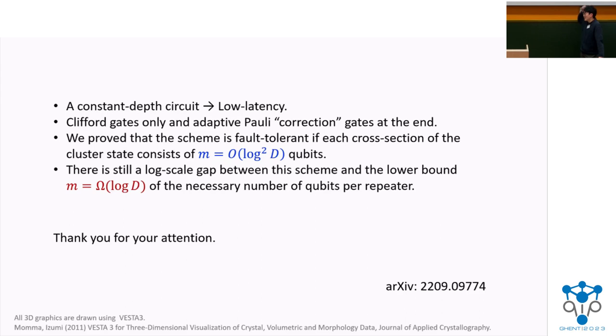But I don't know how it applies to other architectures. It would be interesting if we restrict the direction of the transmission of the classical data. Okay, thanks a lot.